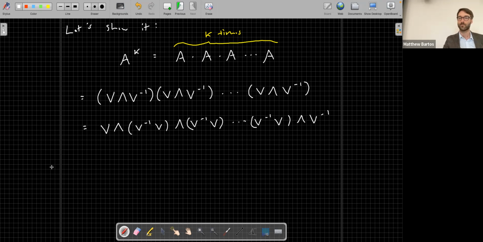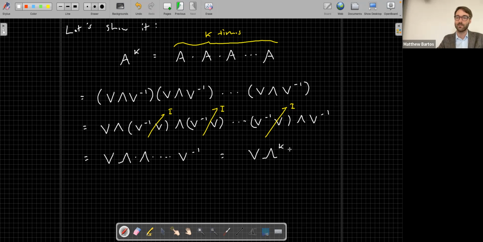lambda V inverse. Okay, so what's going to happen to each of these V inverse V terms? It's going to become the identity matrix. So what that means is that an arbitrary power of our matrix, A to the K, is equal to V times lambda times lambda, all the way to V inverse, which is equal to V times lambda to the kth power times V inverse.